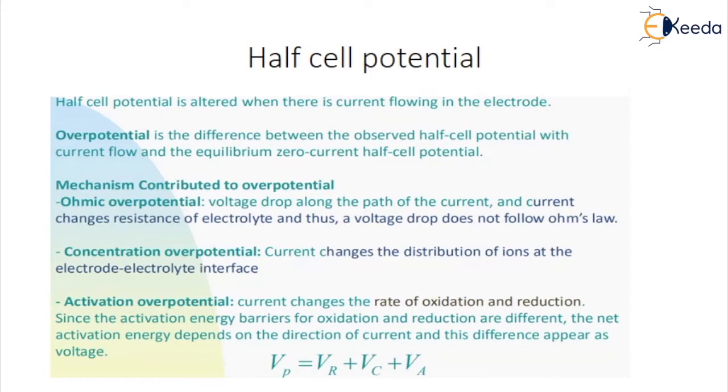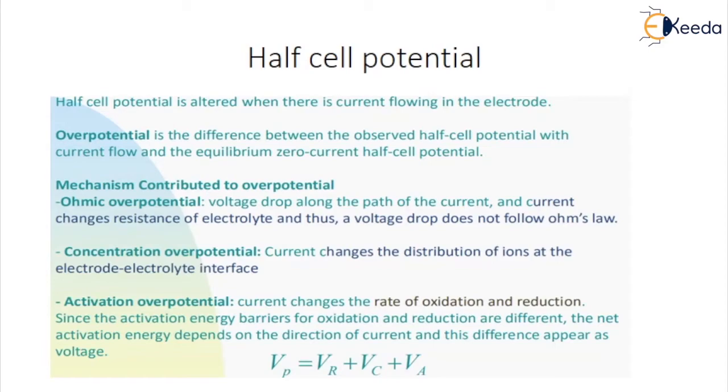Concentration overpotential. Current changes the distribution of ions at the electrode-electrolyte interface. Activation overpotential. Current changes the rate of oxidation and reduction. Since the activation energy barriers for oxidation and reduction are different, the net activation energy depends on the direction of current and the difference appears as a voltage.